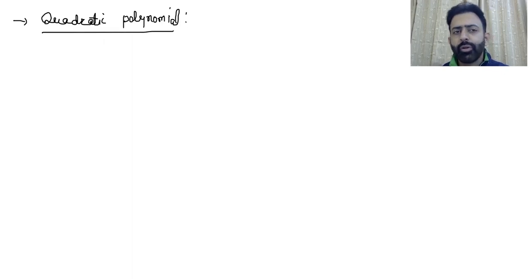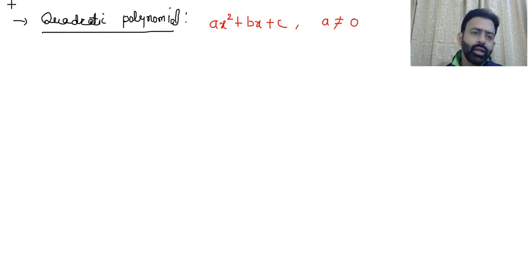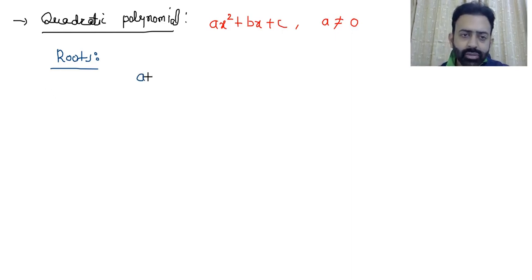Right, so a quadratic polynomial, as we have just learned, is of the type ax square plus bx plus c, where a should not be equal to 0. The graph of the quadratic polynomial we have already done, so we will talk about the roots. Roots in the sense that what are the values of x that will satisfy the equation ax square plus bx plus c equal to 0?